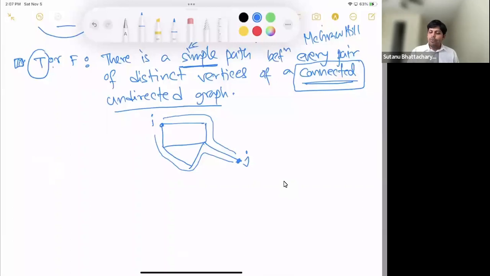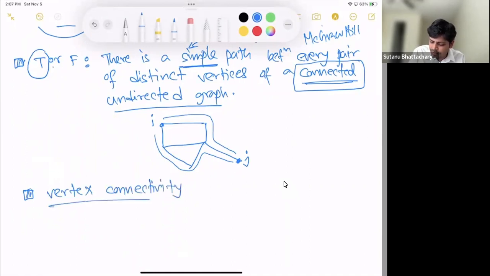Okay, so we have studied cut vertex and cut edges. Related to cut vertex, we can also have vertex connectivity. It is very similar to cut vertex. Vertex connectivity is nothing but the minimum number of vertices required to make a graph disconnected.